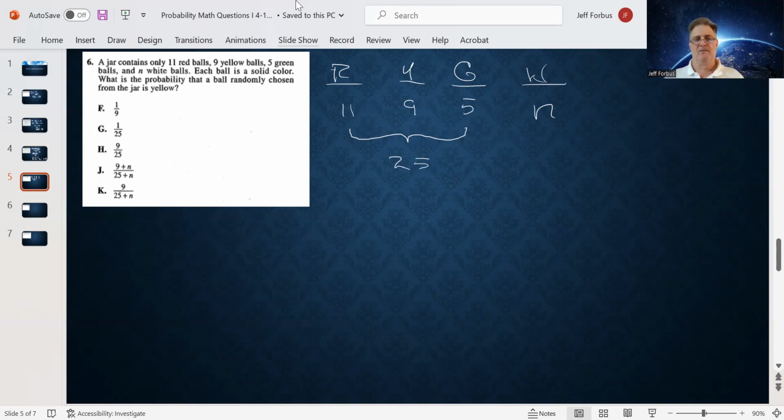So we know yellow balls total is 9. That's got to be out of some total of the 25 combined with the N number of balls that are white. So 25 plus N. So that's going to be answer choice K.